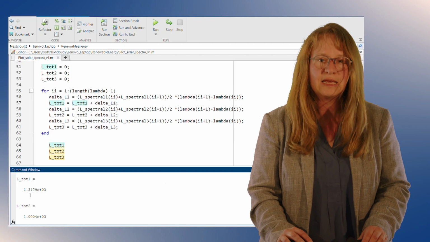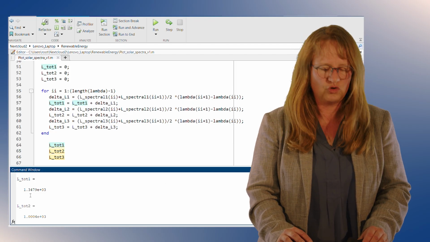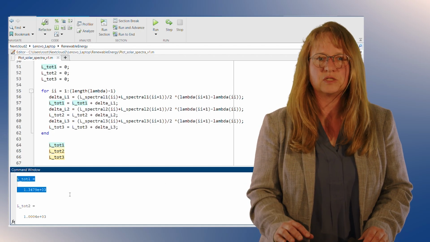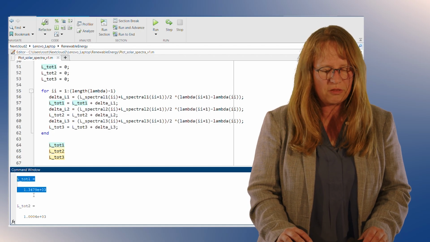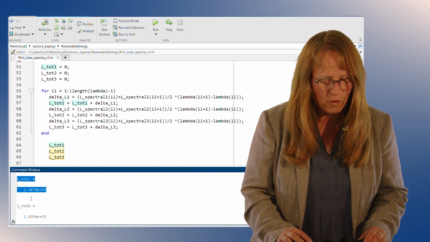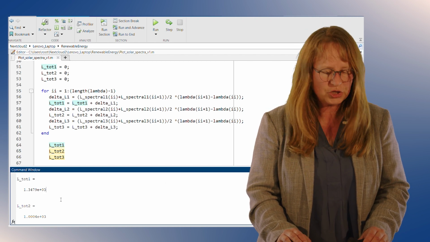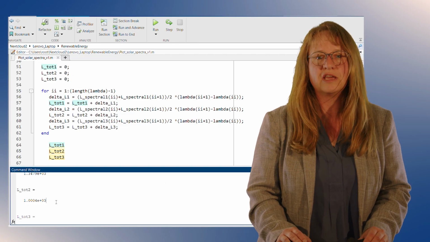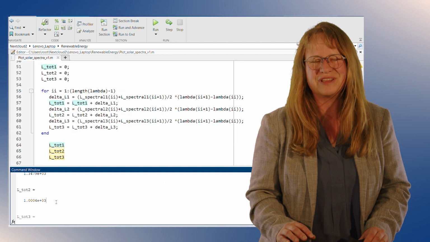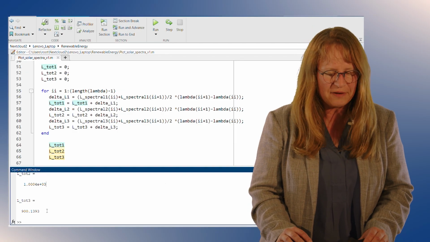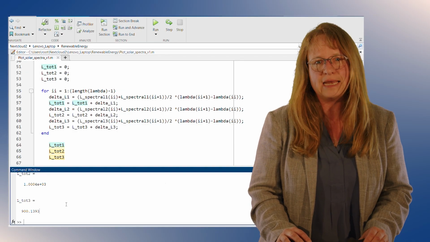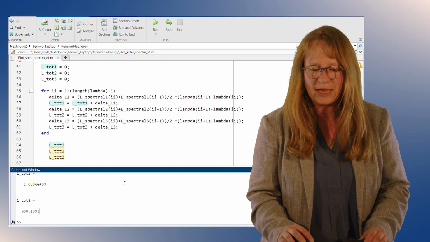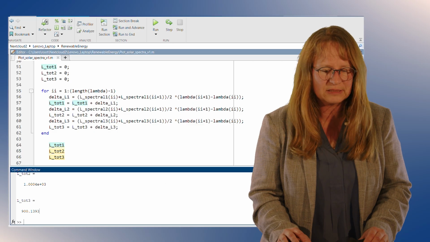What I obtain is that for the extraterrestrial spectrum, we obtain a total irradiance by integrating the spectral irradiance of 1,348 watt. The second value is pretty much exactly 1 kilowatt, that is the global irradiance. And for the direct irradiance, we get 900 watts. So now we know what the content is in the spectrum. And let's go back to the slides.